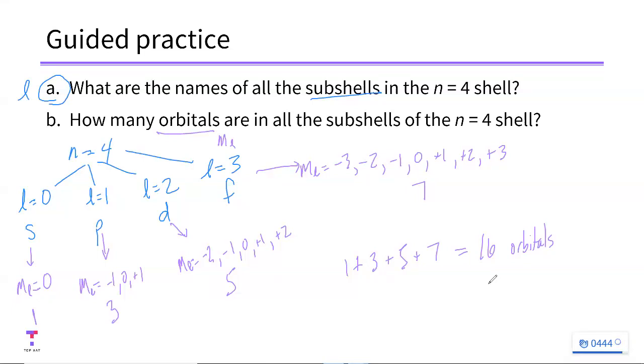So if each one of these orbitals represents a maximum of 2 electrons, 16 times 2 will give you 32 electrons in total. So the 4th energy level has the capability of holding a total of 32 electrons.